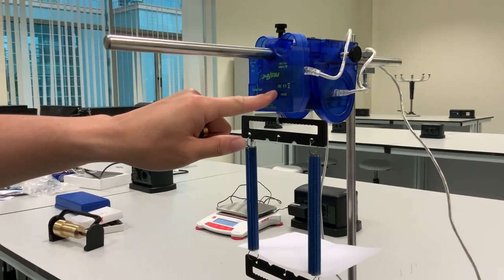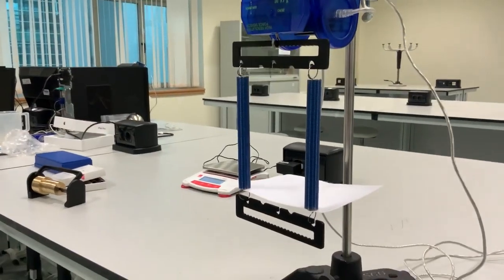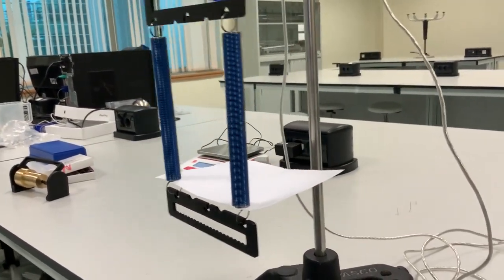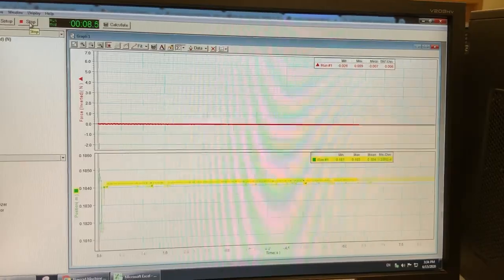Then we try 2 springs in parallel connection. The connector here is to keep the springs parallel to each other and can be ignored in calculations for this experiment's purposes.